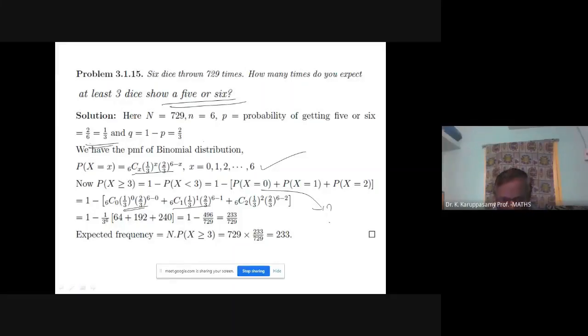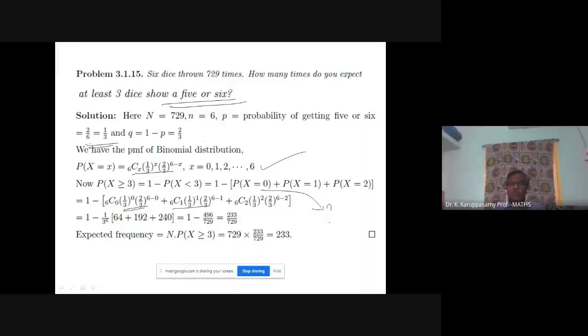Probability for at least 3 dice shows 5 or 6. Now we are going to repeat this experiment 729 times. So 729 into probability, it will give one number, that is the answer, 233.